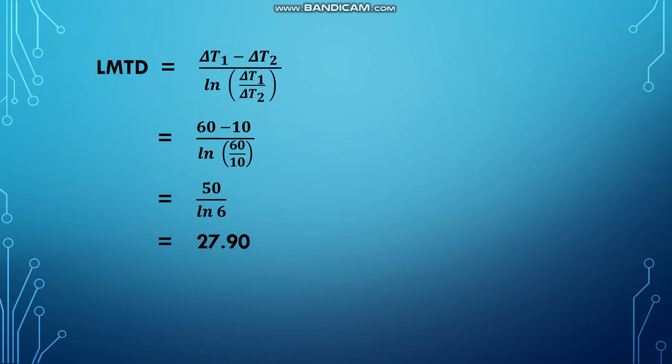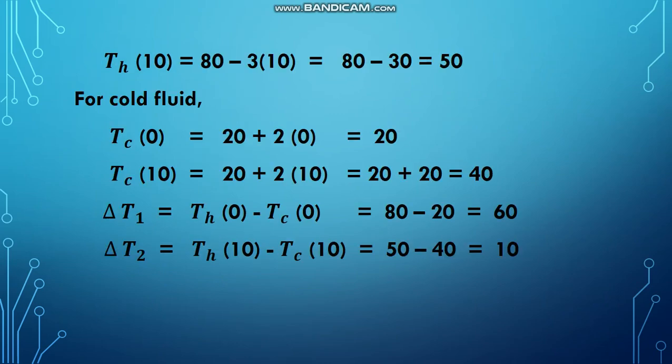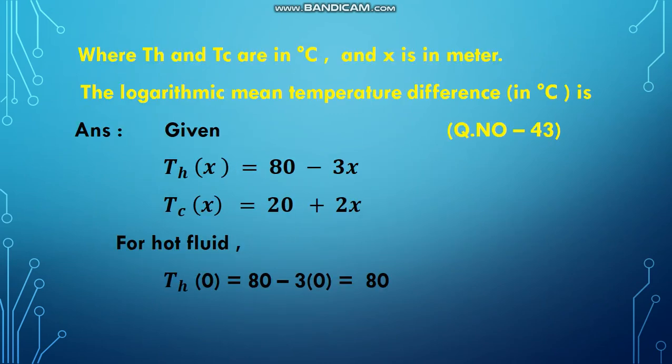Substituting the above terms, we get 60 minus 10 by ln 60 by 10. Solving this, we get the answer as 27.9. So we have determined the LMTD, the logarithmic mean temperature difference in degrees centigrade.